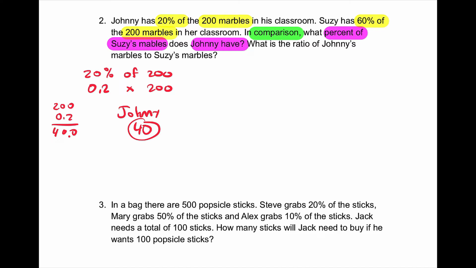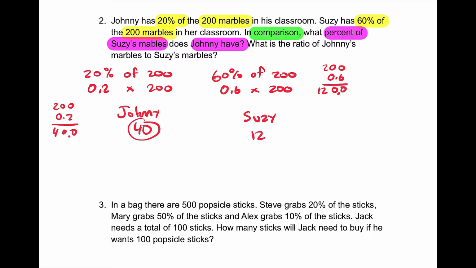And Susie has 60% of the 200. So if I do this as well, she's got 60% of the 200, which is 0.6 times the 200. And if I do 200 times 0.6, we're going to get 120. So we know that Susie has 120 marbles.